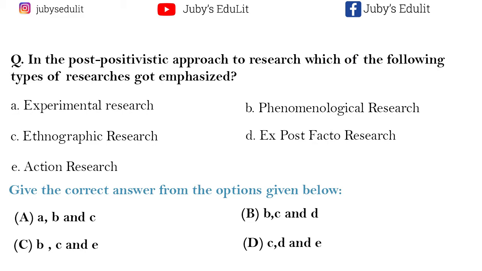So let's see what the post positivistic approach is. The post positivistic approach is exactly opposite to positivism. The positivistic approach tends to be more on the scientific side, while the post-positivistic approach tends to believe in the subjectivity of reality. So what is subjectivity?